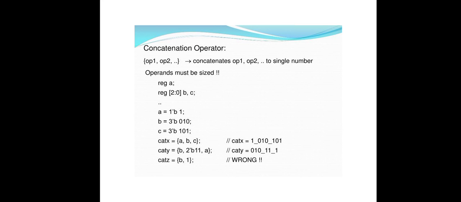Register a is 1, b is 3, that is 010, then c is equal to 101. The concatenation operator is used here, {a, b, c}, that means 1, 010 and 101.